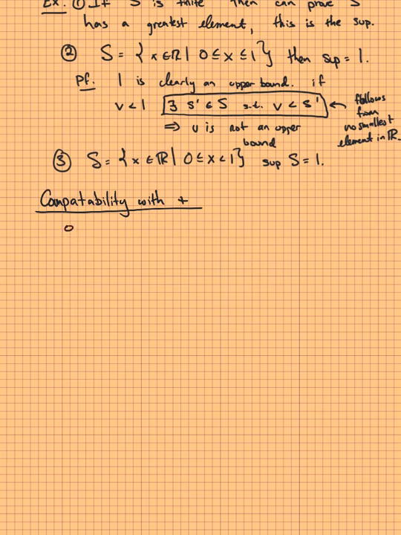If I have this non-empty set S inside the real numbers and an element A in the real numbers, then I can make this new subset, which I'm going to call A plus S, just because it's the various elements A plus s for s in S. So this is just S shifted by an element of the real line.